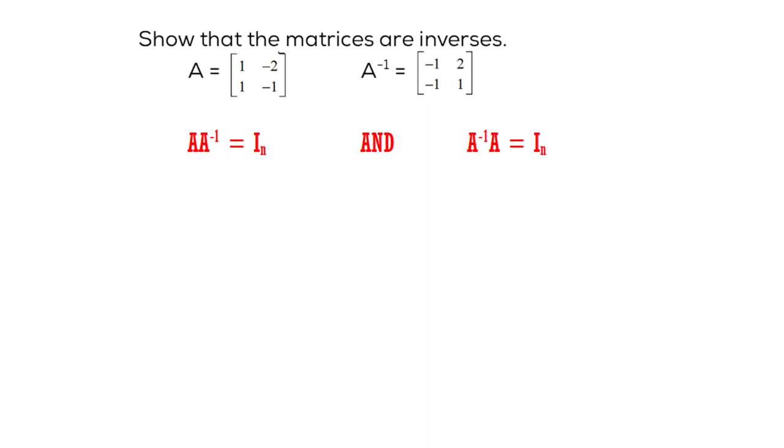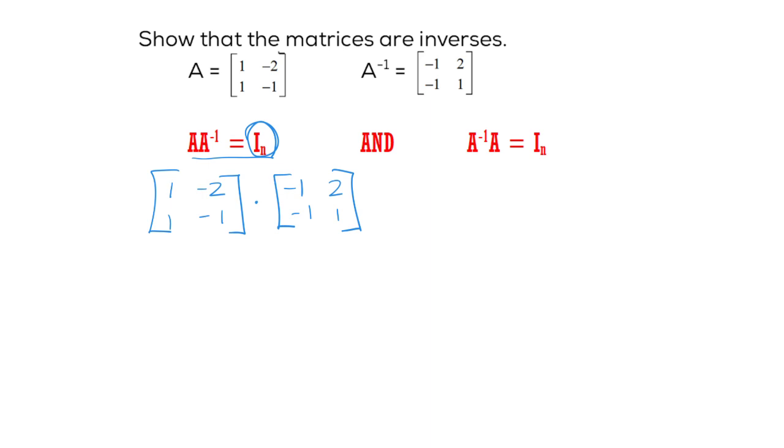If I take matrix A, and I conveniently have also already told you what the inverse of it is, and I multiply those two together. So I've got my 1, negative 2, 1, negative 1. I am going to multiply this by its inverse. And if I multiply it, it should end up giving me this identity matrix.